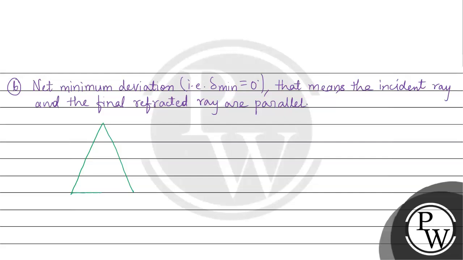This was the first prism. And the second prism will be rotated. This is how it is rotated. Now, this is the incident ray. If you extend it, this is the direction of the incident ray, और फाइनल रिफ्रैक्टेड रे भी इसी डायरेक्शन में आना चाहिए.